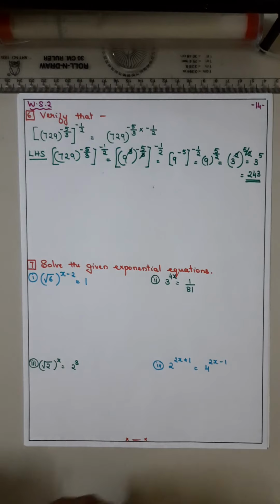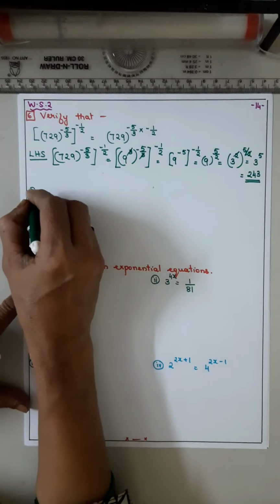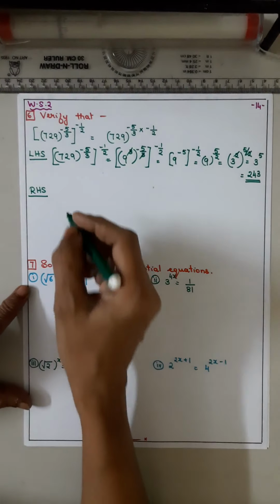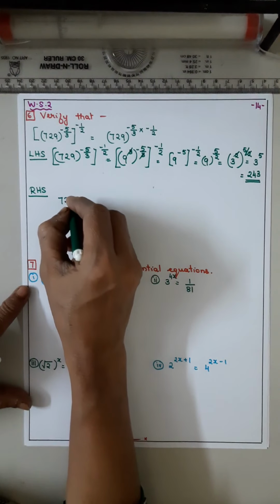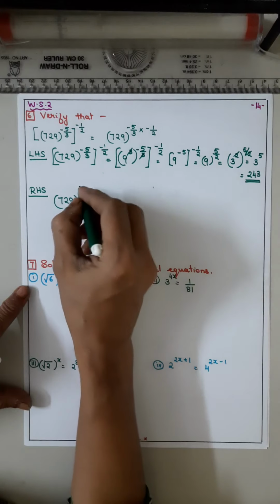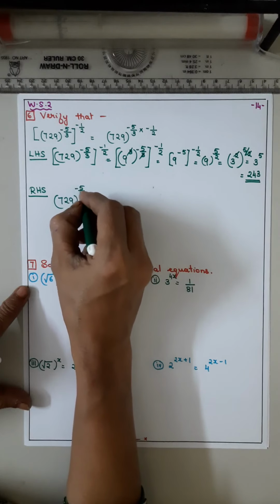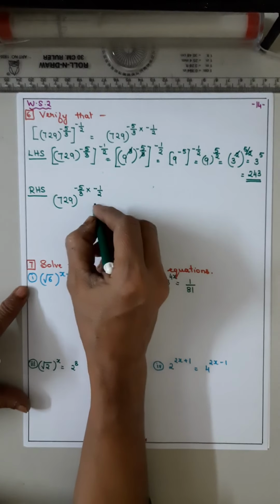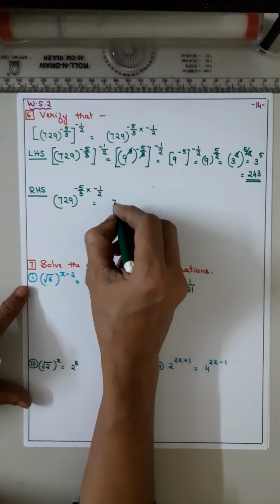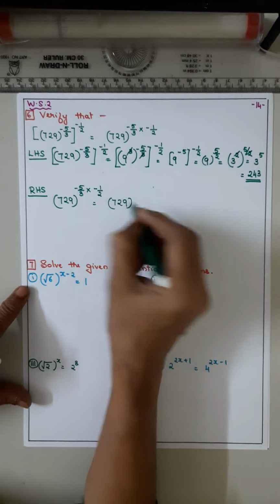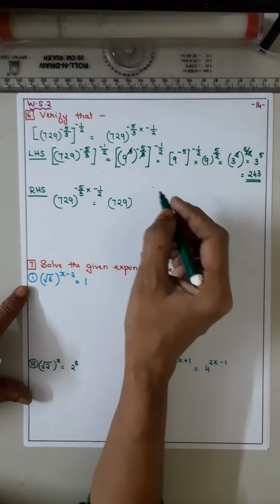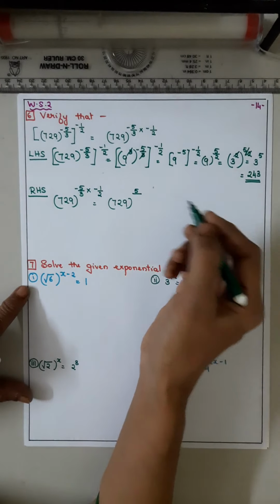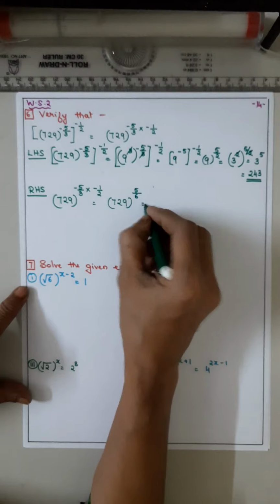Okay. Now coming to RHS. Now 729 raised to minus 5 by 3 into minus 1 by 2. That means 729 raised to minus minus becomes plus, 5 ones are 5 and denominator 3 twos are 6.